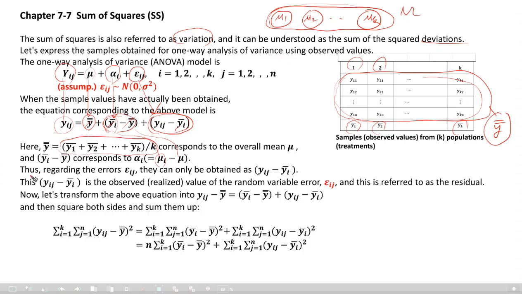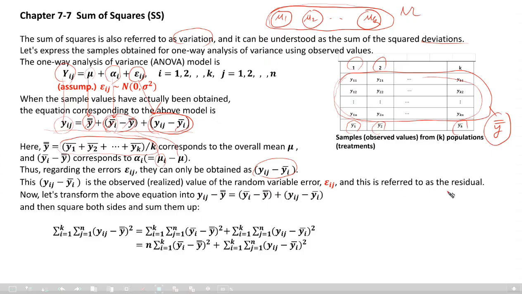Understand that? Regarding the error epsilon ij, it can only be obtained like this to make this formula equal. This yij minus yi bar is the observed realized value of the random variable epsilon ij.